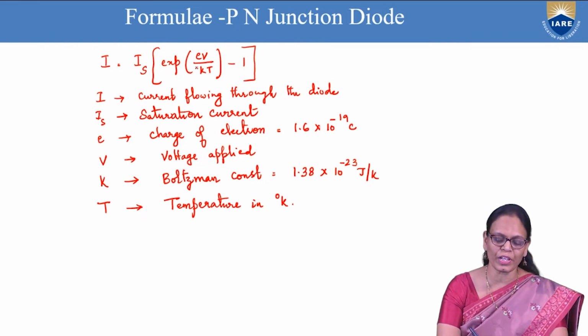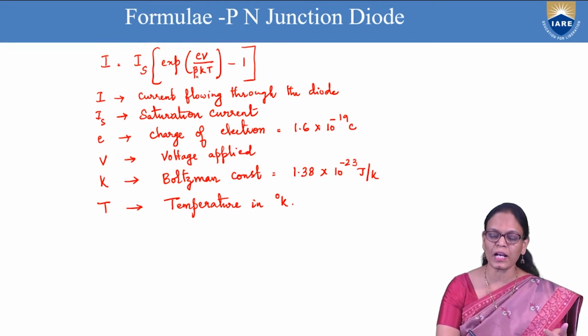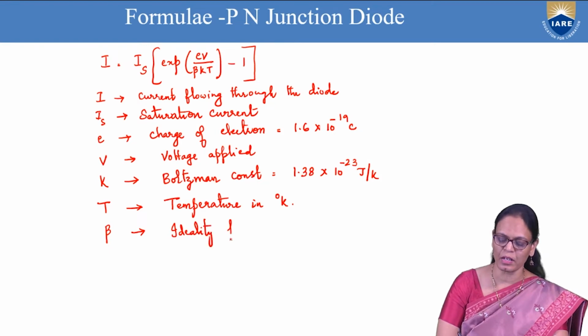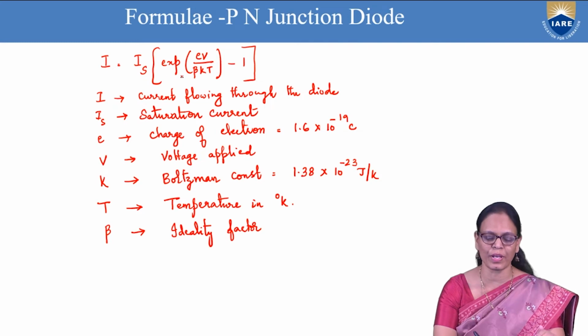And one more thing we have here is beta, or in some books it may be written as eta. Beta represents the ideality factor. If the ideality factor beta is equal to 1, we generalize it and write it as Is exponential eV by kT minus 1.